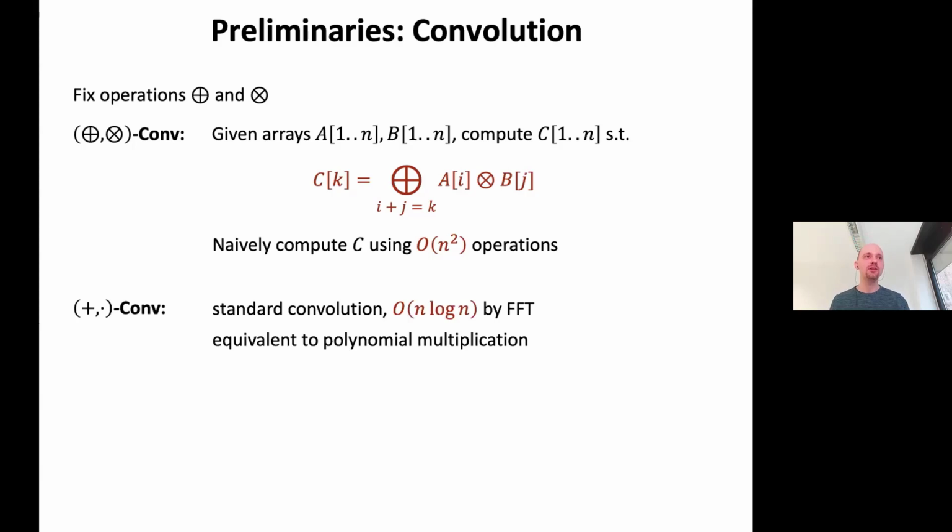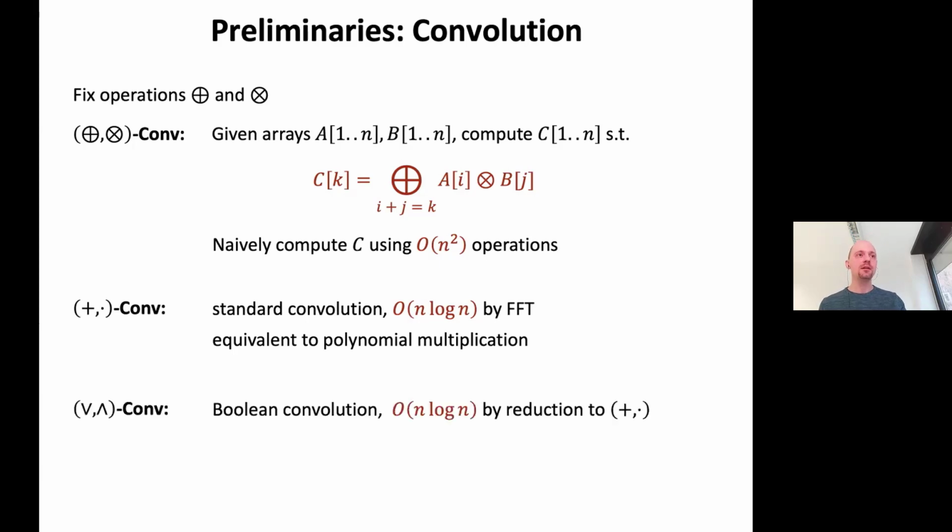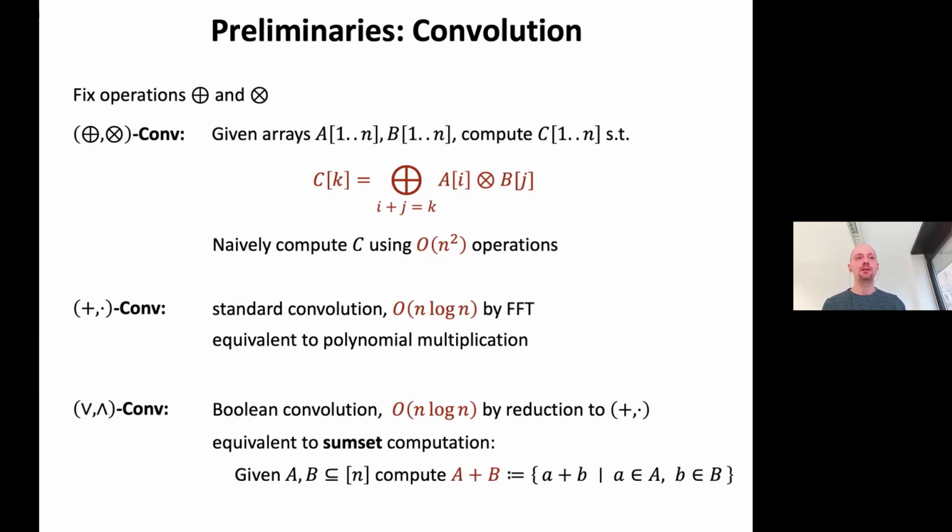But of course, there are well-known convolution problems that can be solved faster. If these operations are really normal plus and normal times, then this is standard convolution, which is just a different description of polynomial multiplication, and it can be solved in n log n time by fast Fourier transform. Similarly, there are some other easy types like OR convolution, the Boolean convolution, which you can reduce to standard convolution, so it can also be solved in time n log n.